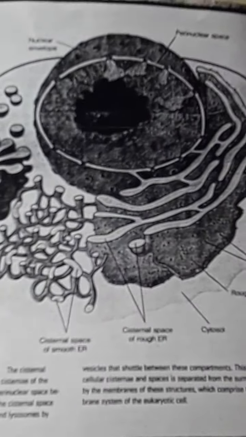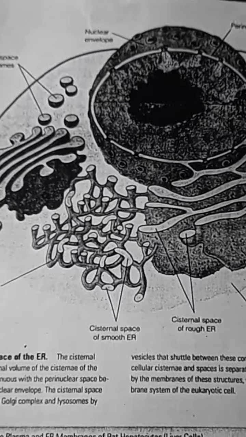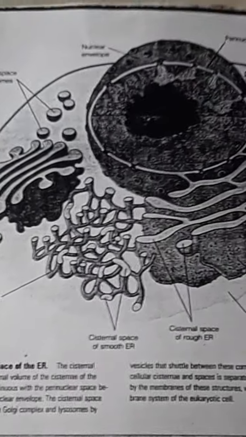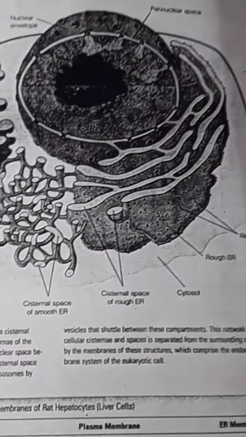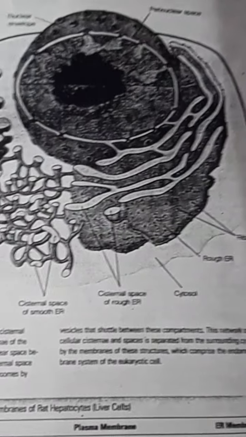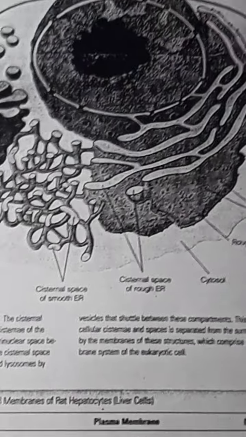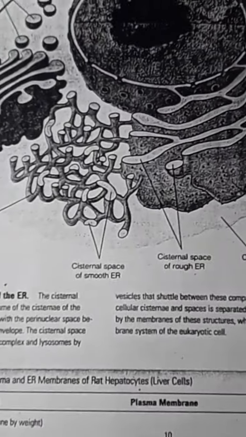So they are directly related to the synthesis of proteins. Where more proteins are required, we will find rough endoplasmic reticulum. The cells characterized by the synthesis of secretory proteins tend to have a very prominent rough endoplasmic reticulum.